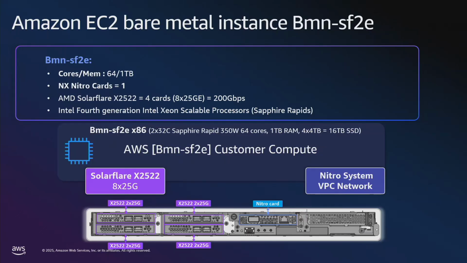And each one of those physical servers, just to be clear, those are latest Intel Xeon Sapphire Rapids servers, well, not 128 vCPU, because in bare metal, we're talking about cores. So 64 cores, 1 terabyte of memory, Nitro cards so that it can carry on doing all of the capabilities that VPC networking gives it.